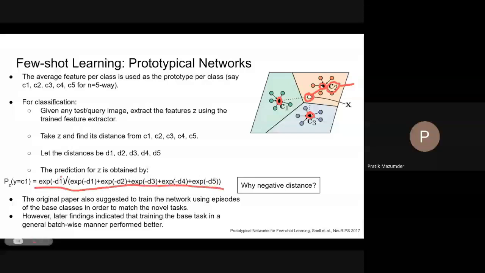You're dividing basically the negative contribution of the distance from that class by the total negative distances of all the classes. So that way you're taking a ratio of contributions, right?